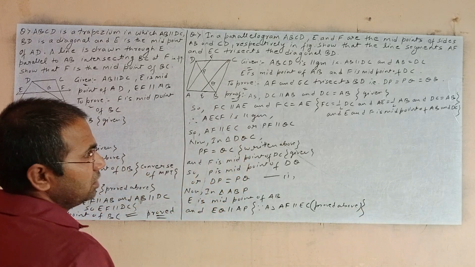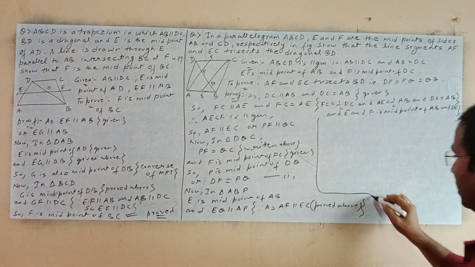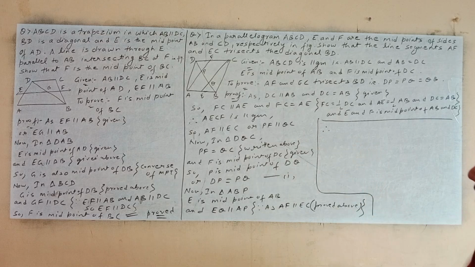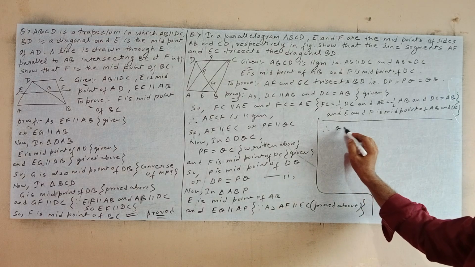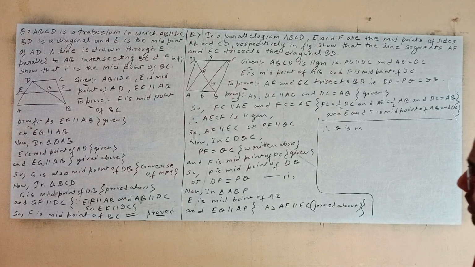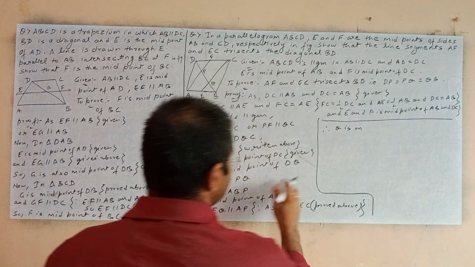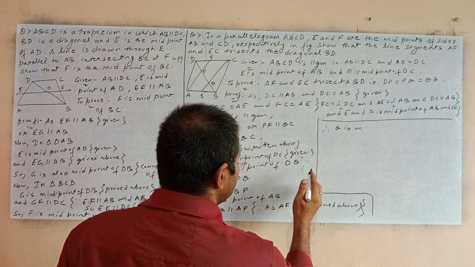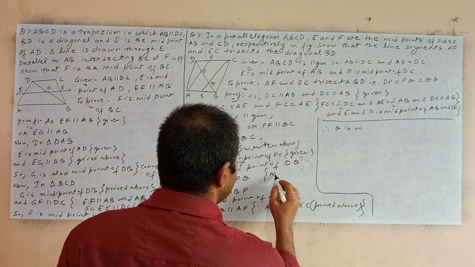In this way you will write. Therefore, you can write Q is the midpoint. Here you have to write the reason also.